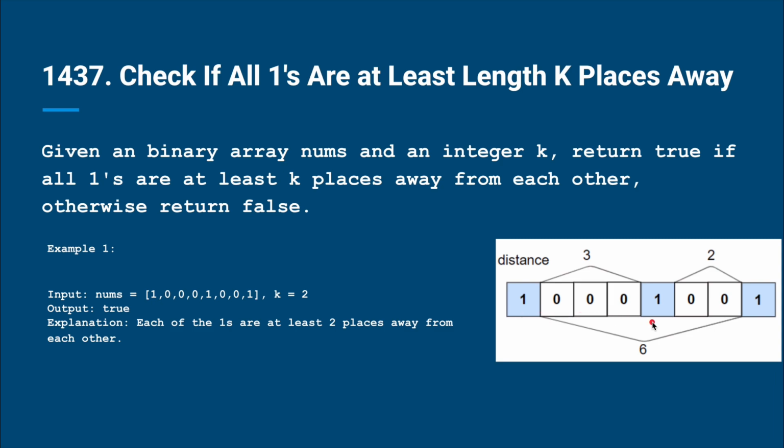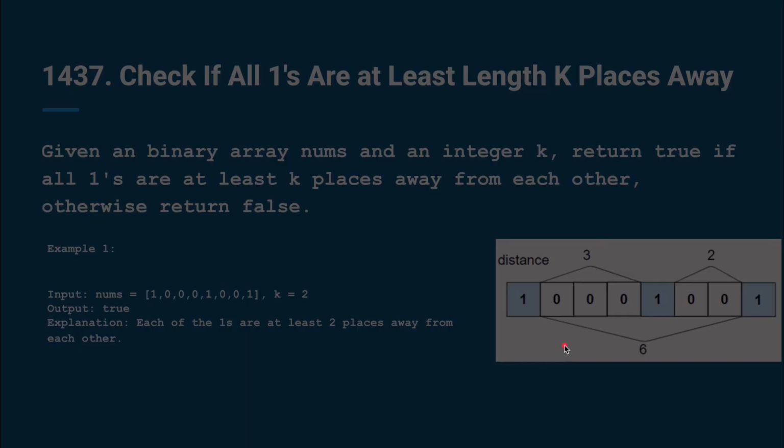This one and this one have a distance of 3, and this one and this one have a difference of 2, and from here to here is 6. So it's a valid one because k equal to 2, at least k. So k should be at least equal to 2, or greater than or equal to 2, then it's valid. So in this case it's valid.